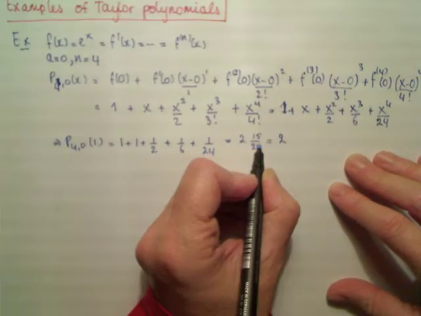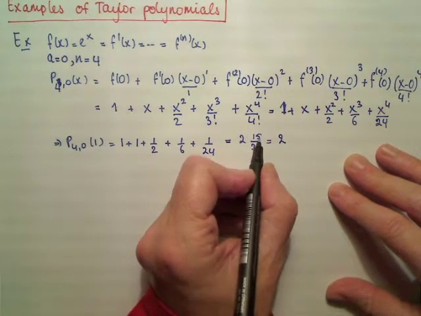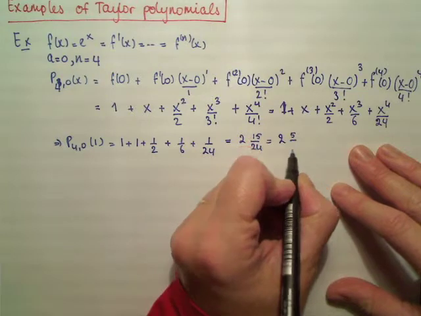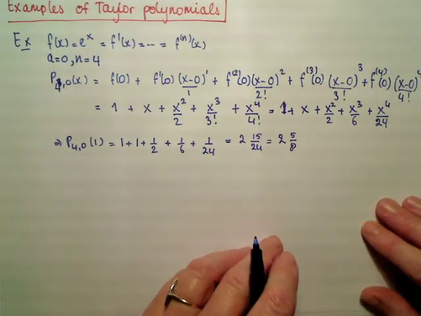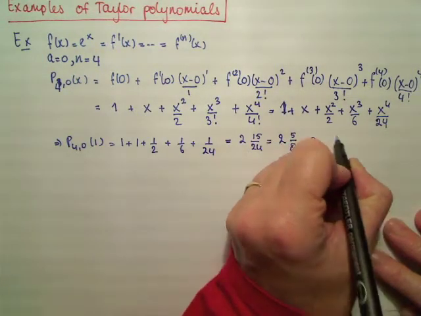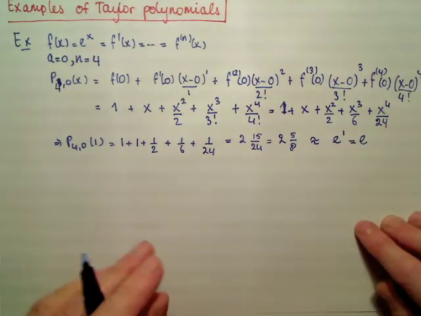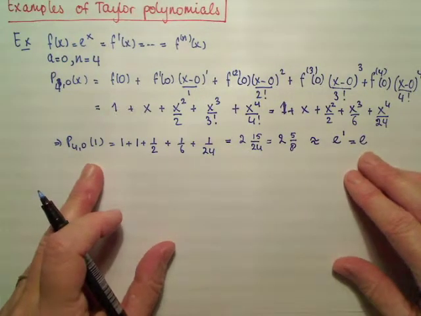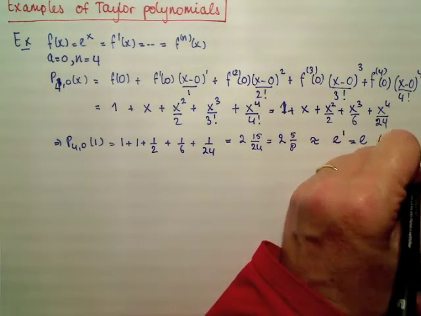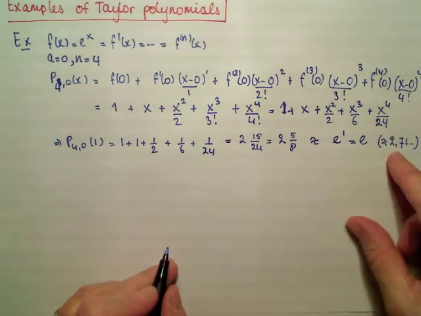And our suggestion was that it is approximately equal to the function value at the point 1, which is e. So this should be an approximation of the number e, and we know that it is approximately equal to 2.71 something. So we are already quite close to the number e.